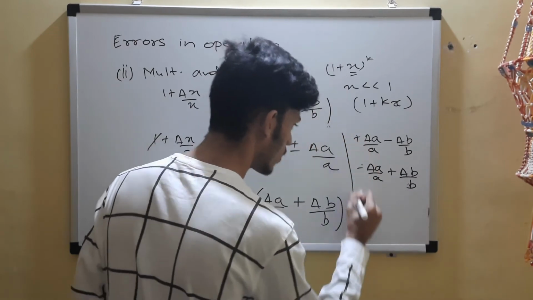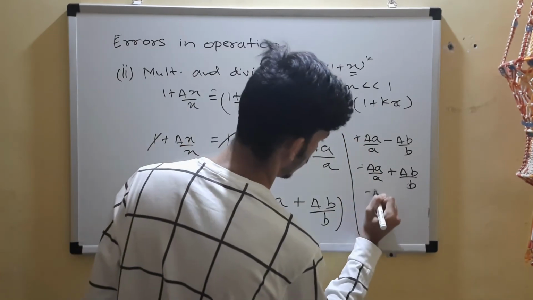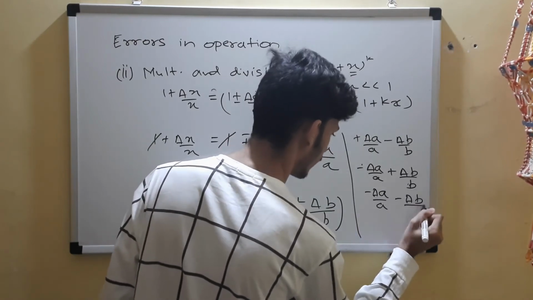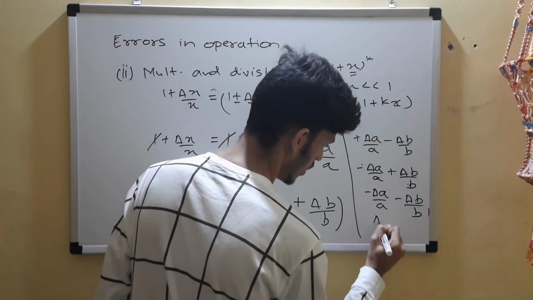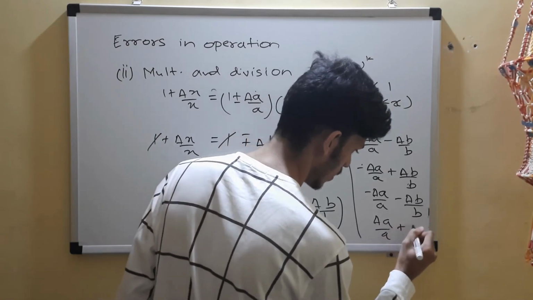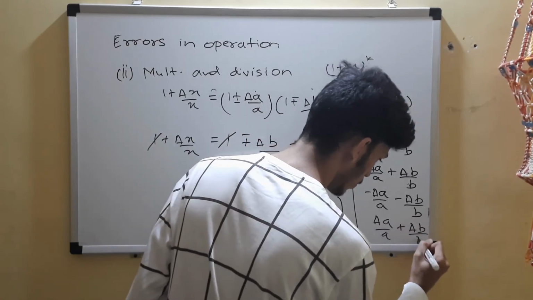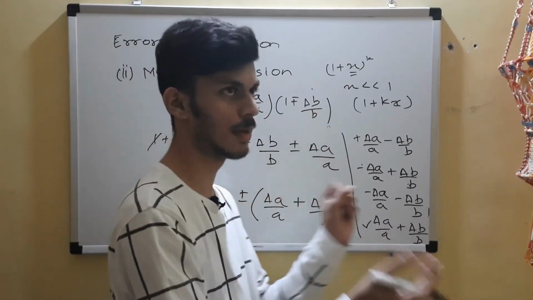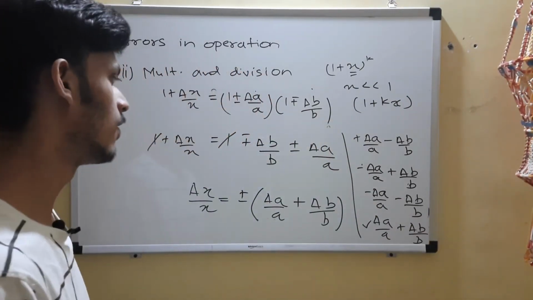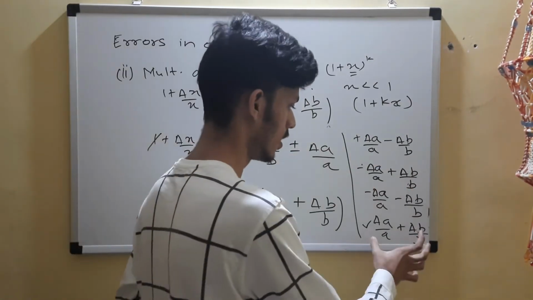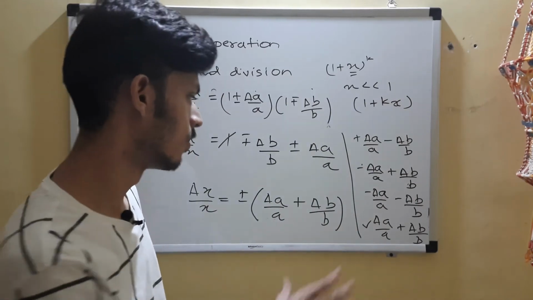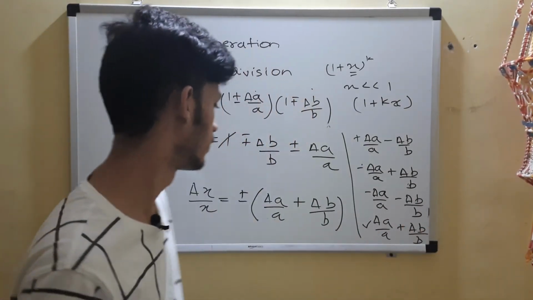We will see which combination has the greatest value. So is it both of them plus? If you see, the last one has both plus, so the errors are adding to the maximum extent, so it is giving rise to a maximum error with respect to the others. So we account for that only.